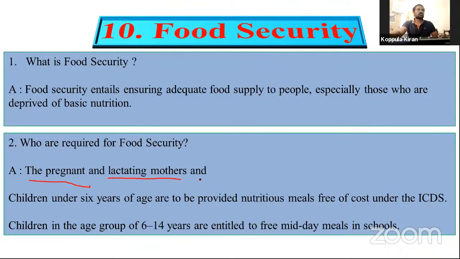And another group, children. Children under 6 years need food security. Children under 6 years of age are to be provided nutrition free of cost under the ICDS, the Integrated Child Development Scheme.